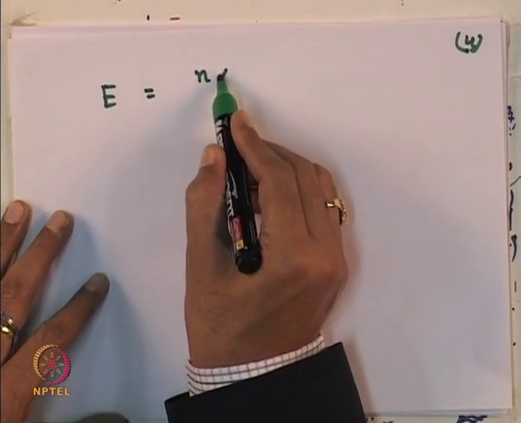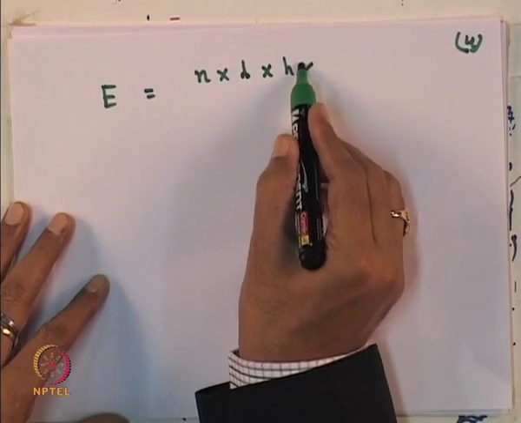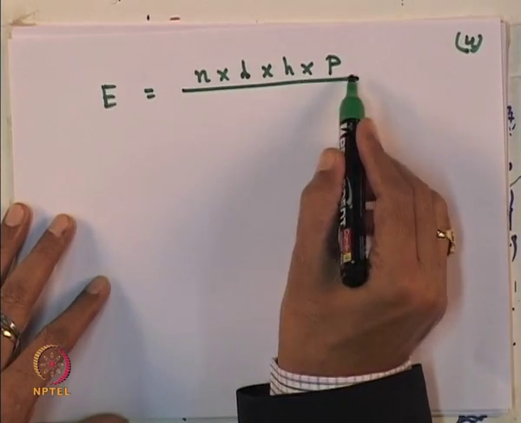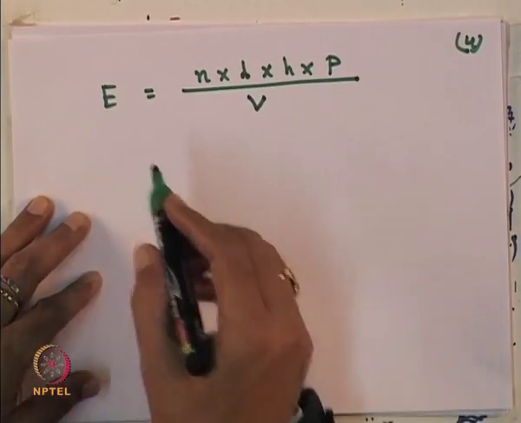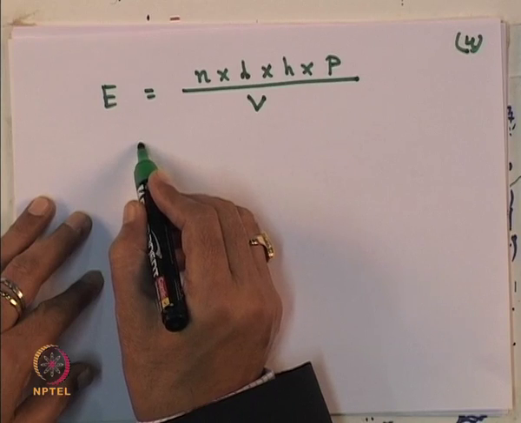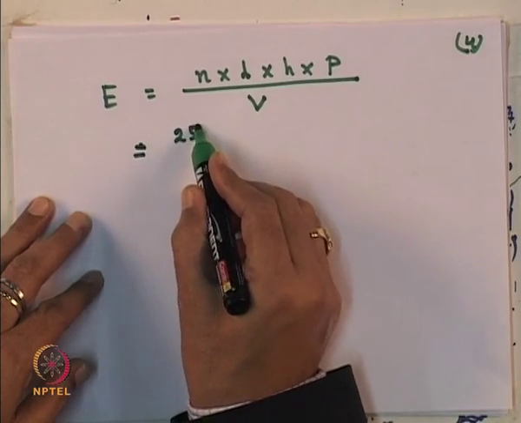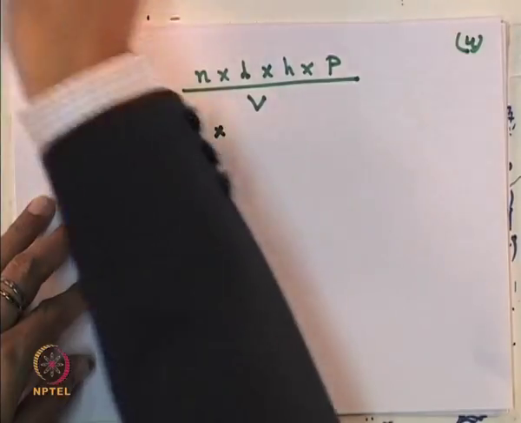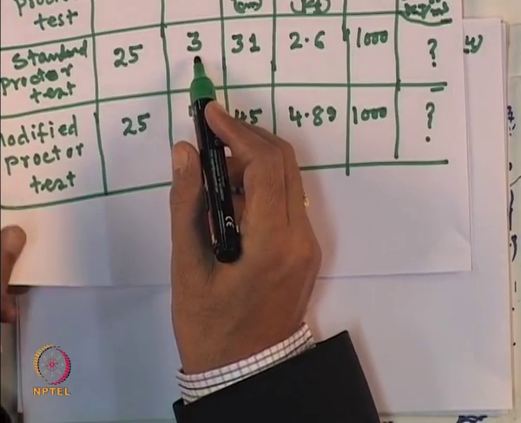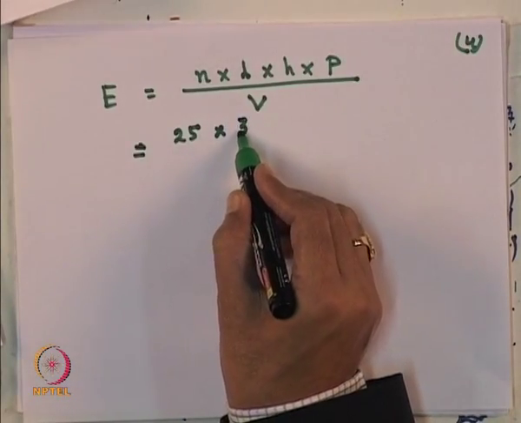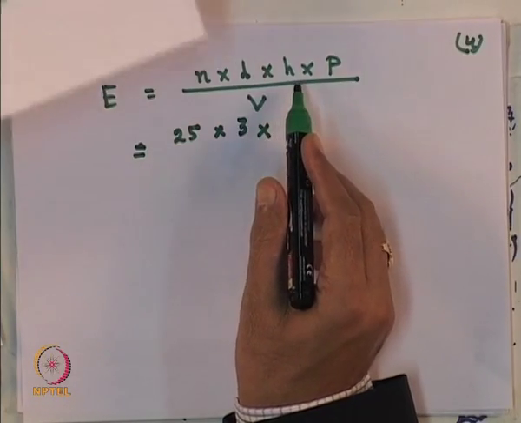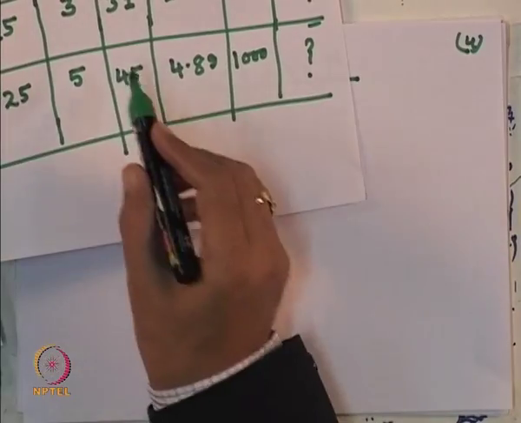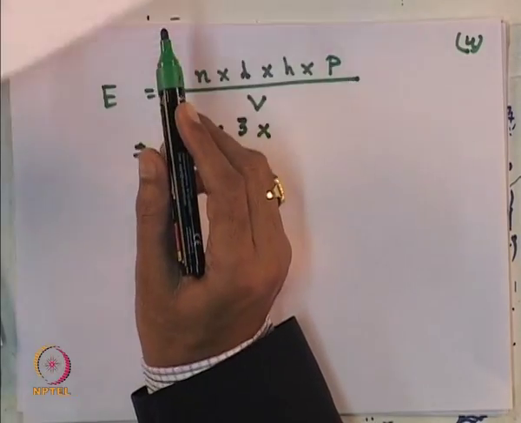Let us write this equation. You know, the energy equation E is equal to N into L into H into P, this divided by V. So, for the standard Proctor test, you know that N is equal to 25, number of layers L is 3, so you can write here 3, and the height is 31 centimeter, 0.31 meter.